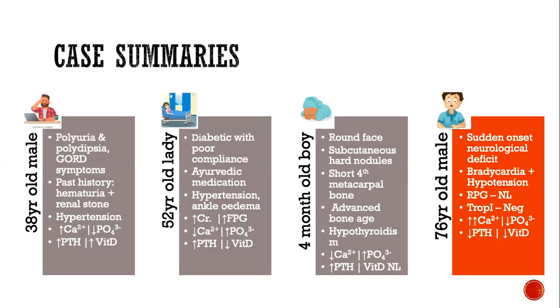Case 4. A 76-year-old male presented with sudden onset neurological deficit, bradycardia and hypotension.